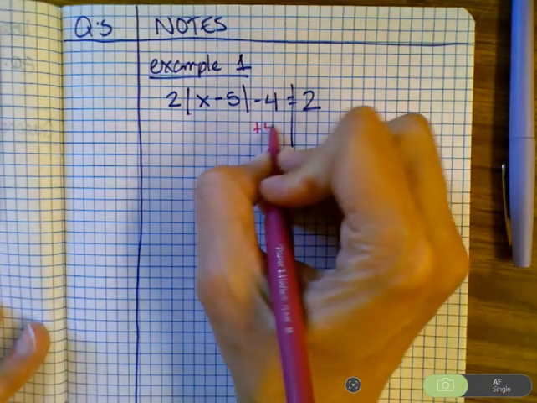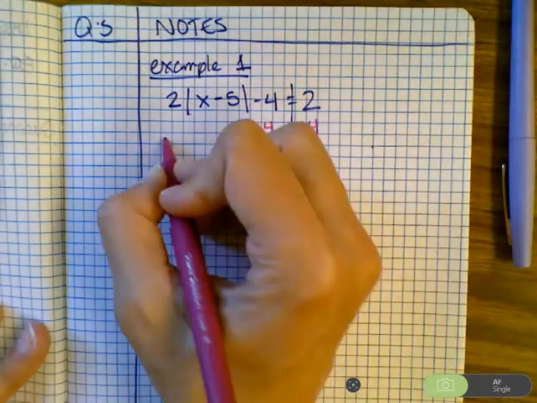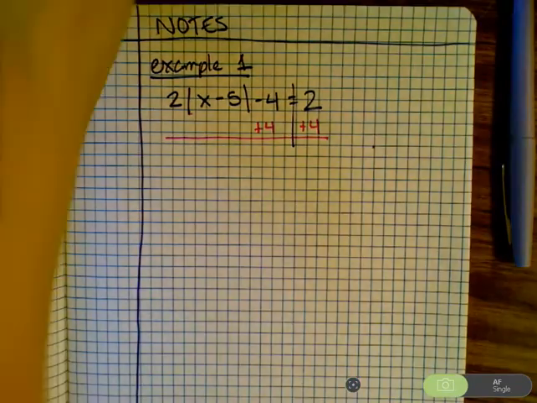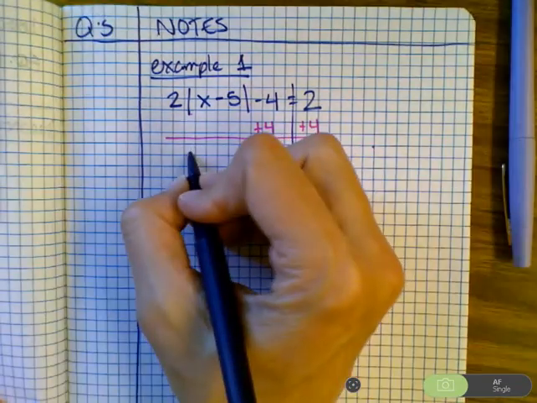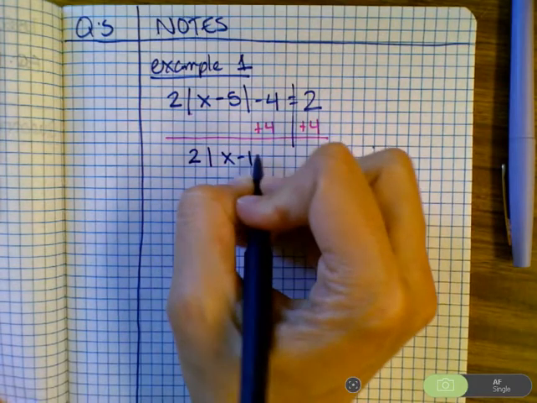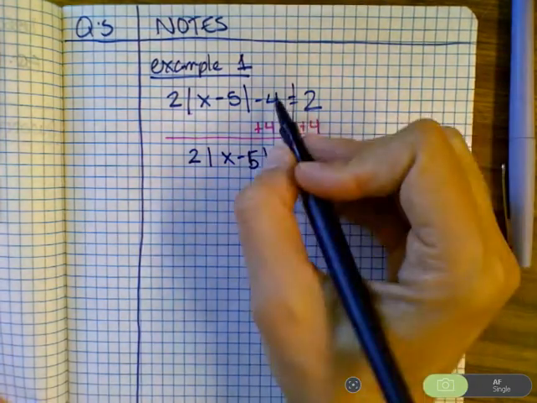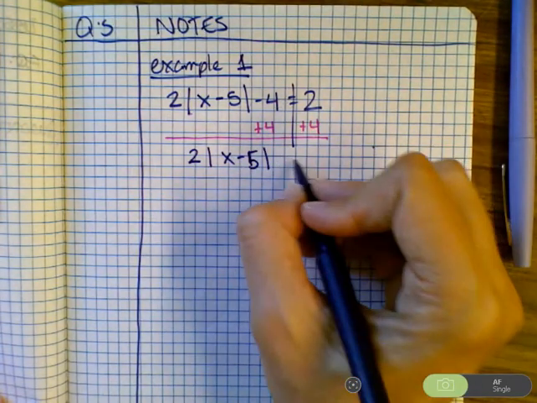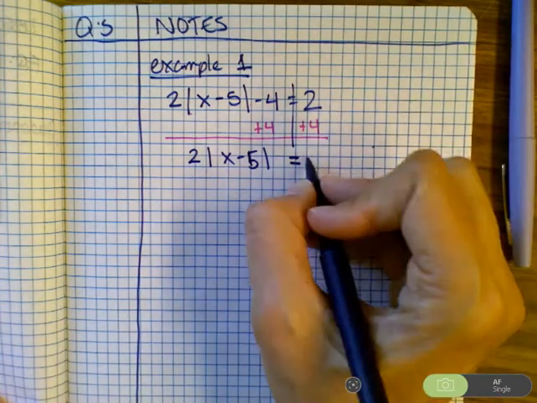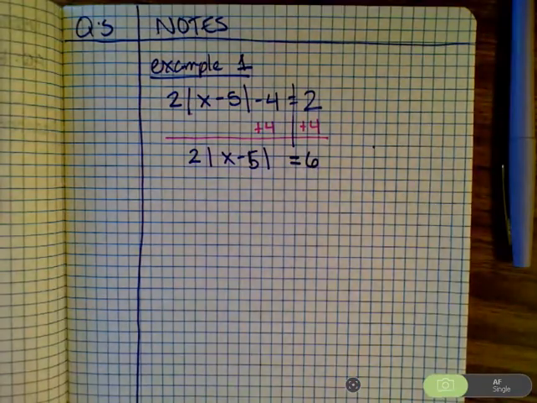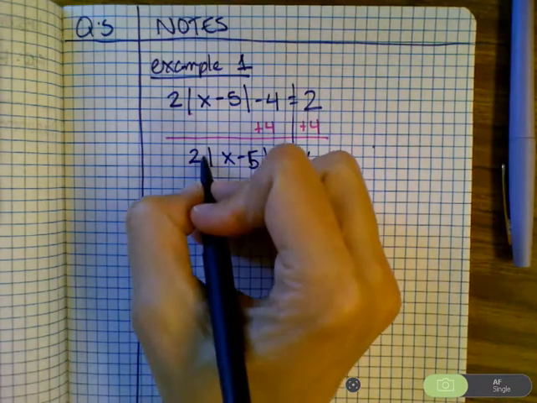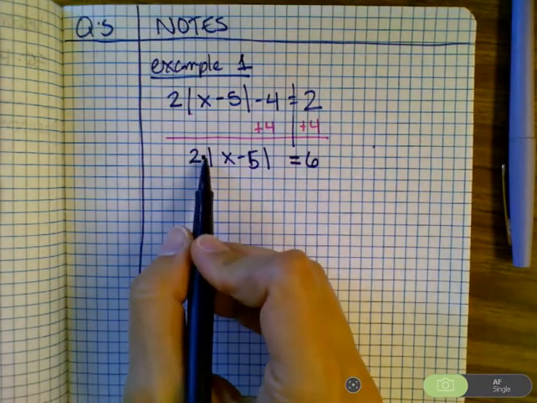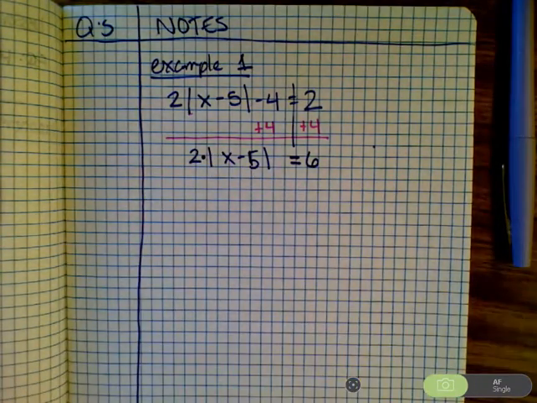So first we're going to add 4 on both sides. And when we add 4 on both sides, we're going to get 2 times the absolute value of x minus 5. -4 plus 4 is 0, so I put nothing there, and 2 plus 4 is 6. Now I undo any multiplication or division. Remember, this really means 2 times the absolute value of that.